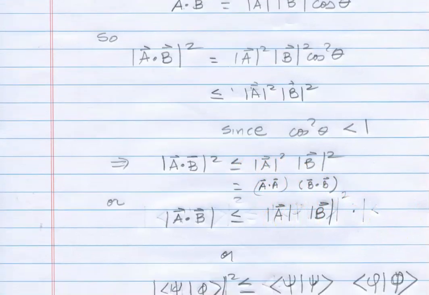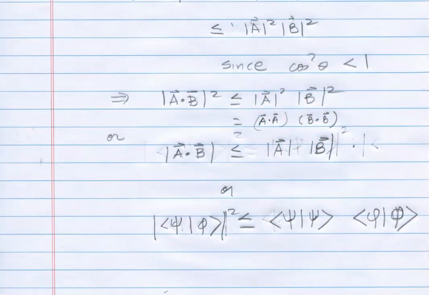And depending on how you want to write it, you can now do the analogous thing. A dot B corresponds to psi inner product with phi, quantity squared, less than or equal to, well, A is just the inner product of psi with itself, the first piece of the bracket, the bra.